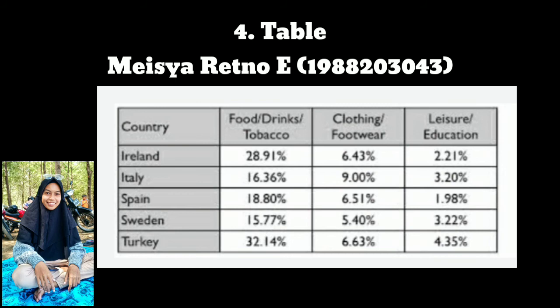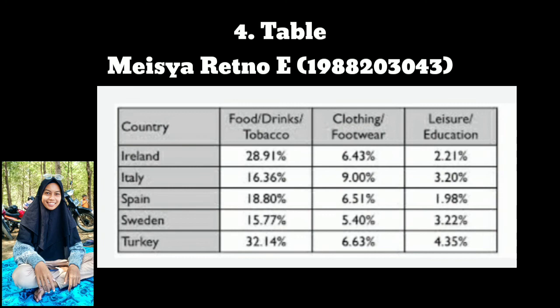Example. The table illustrates the proportion of national expenditure in Ireland, Italy, Spain, Sweden, and Turkey on three types of consumer items in 2002.